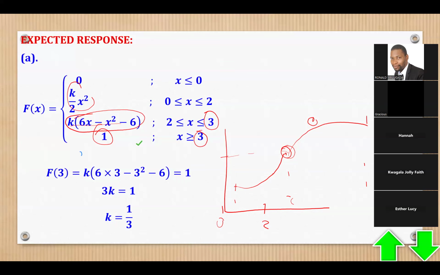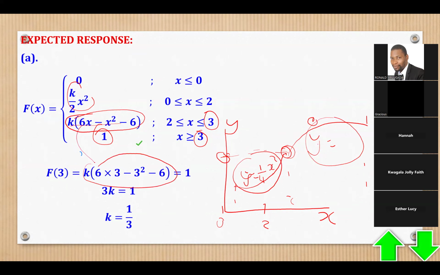If this is x and this is y, and this one is a function, maybe y equal to a quarter x squared, maybe, this one is also another function, y equal to... To get this coordinate here, I could use any of these two functions, any of those two equations. If I use this one, I get the same value. If I use this, I get the same value. That is why here I used this first one, and also when I use this, I must get the same. Reason: continuous.